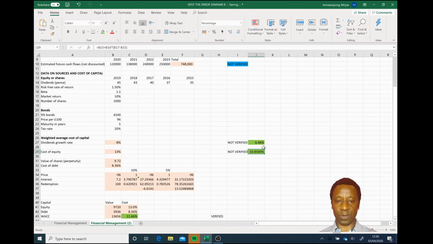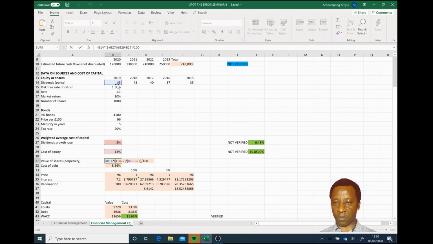So now that we know the growth rate, and we know the cost of equity, and we know the most recent dividend, we can then verify their value per share here. You can see from their value per share what they are doing.